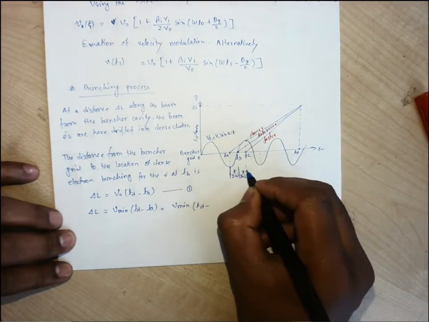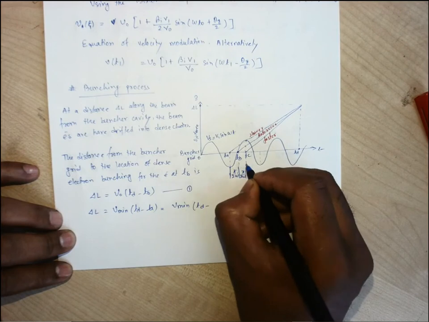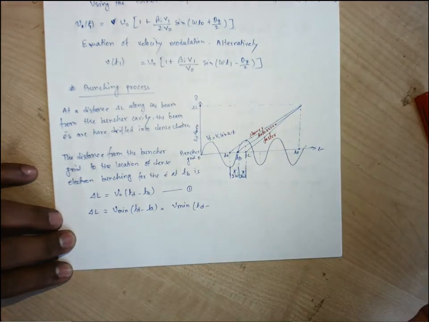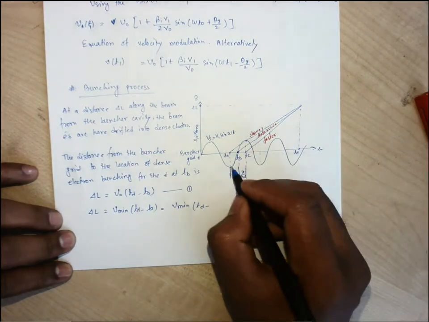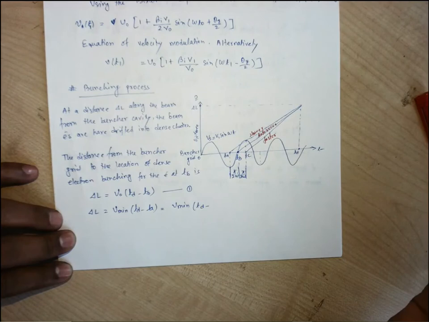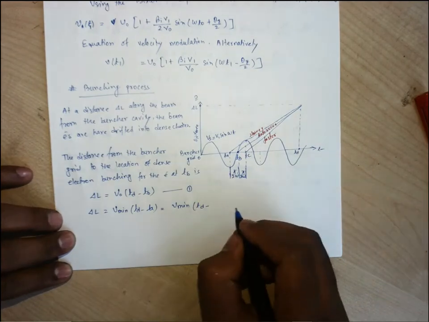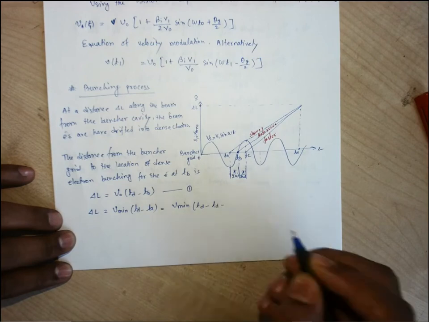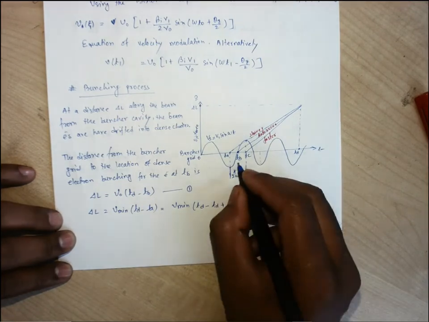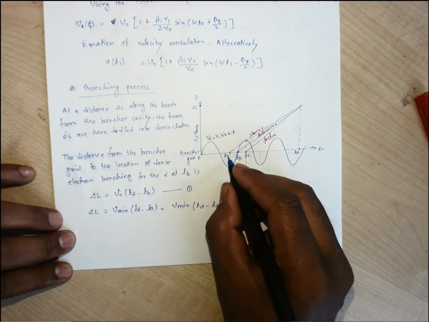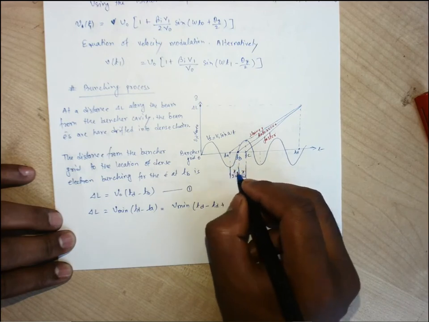This corresponds to this and this value. So altogether it is pi by omega, from this to here. So that can be written, with respect to Tb, as Tb minus pi by twice omega.